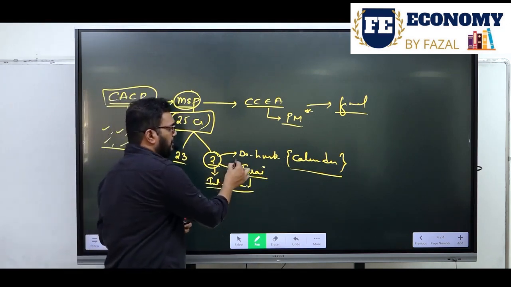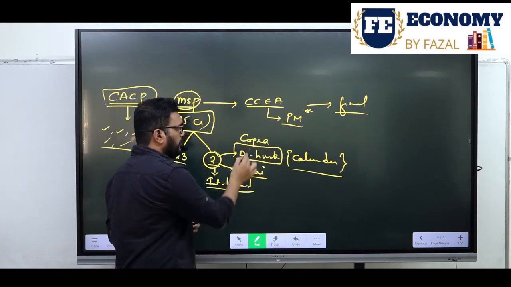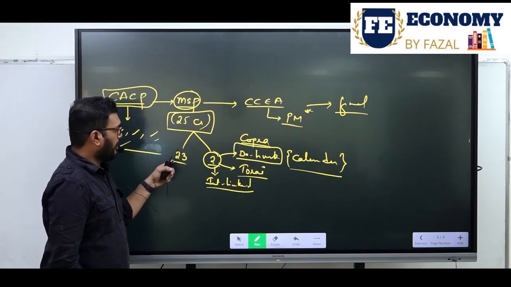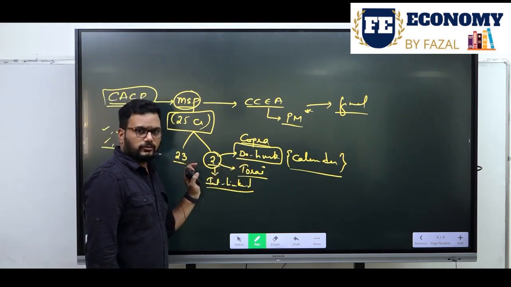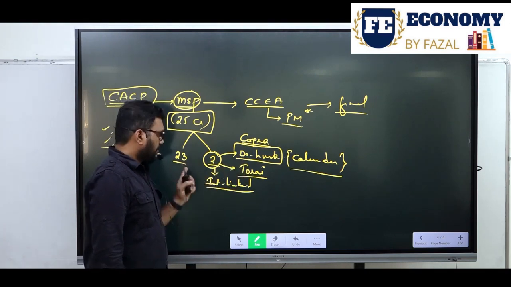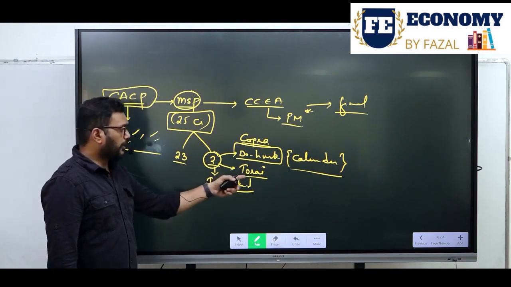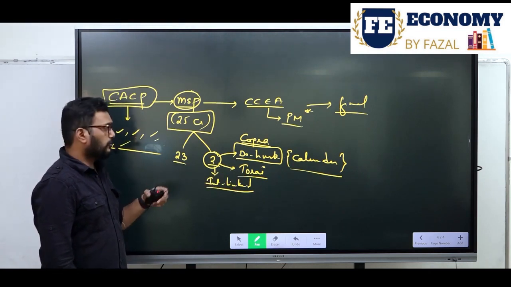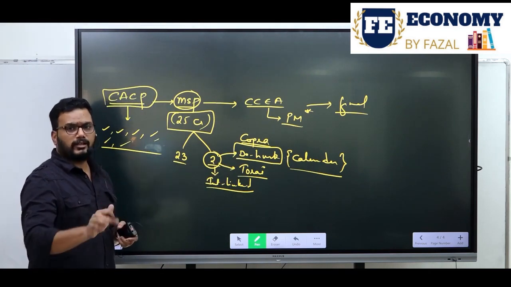Dehusked coconut is interlinked with copra, which means copra prices are given here, and if they declare the price of copra, they are declaring the price of dehusked coconut also. Mustard prices are given in the 23, which means toria prices will also be interlinked. So these are the two crops whose prices we don't declare, but they are covered under MSP.